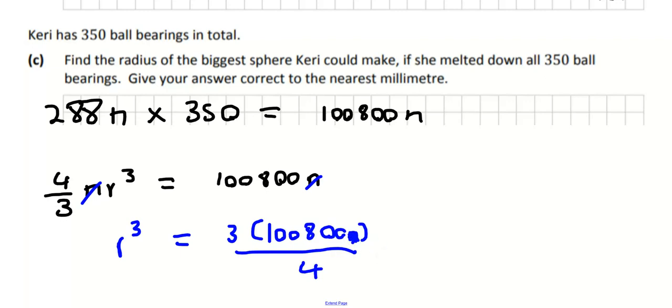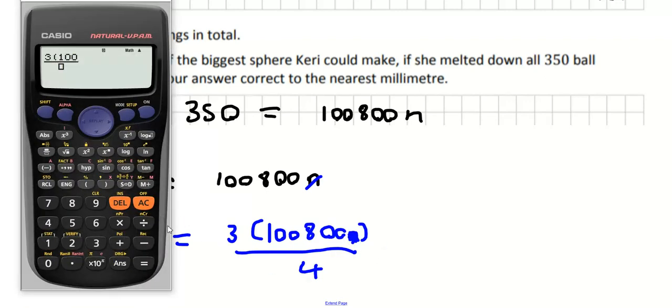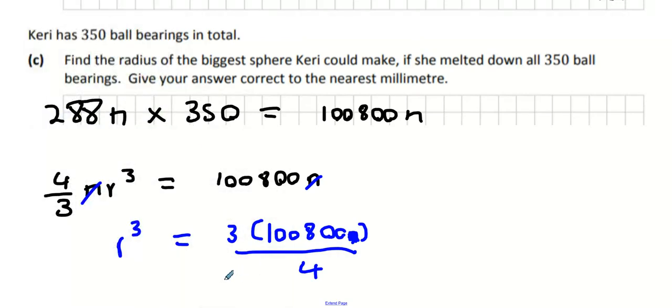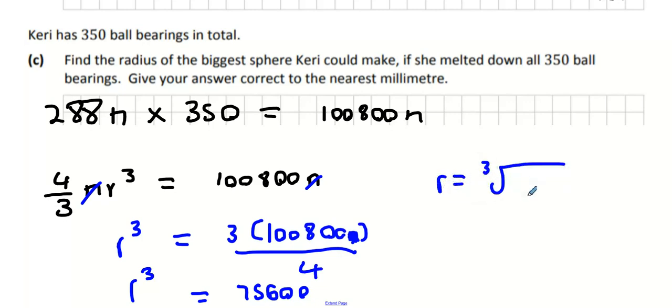So that would be 3 times 100,800 divided by 4, which is this number here, 75,600, is the radius cubed. Now, what number, when you multiply it by itself 3 times, gives you 75,600? So this means your r value will have to be the cube root of 75,600.